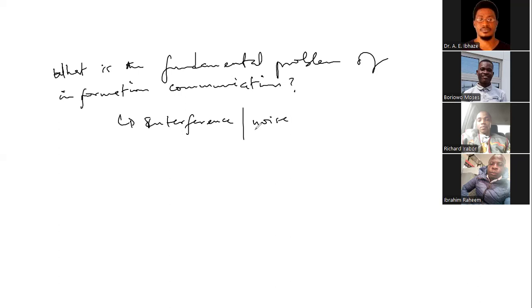Okay, so if I got you correctly, one said jamming, right? Jamming. And then another said noise is produced from interference, right? Is that what you said?